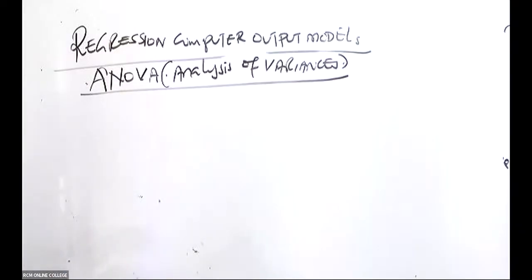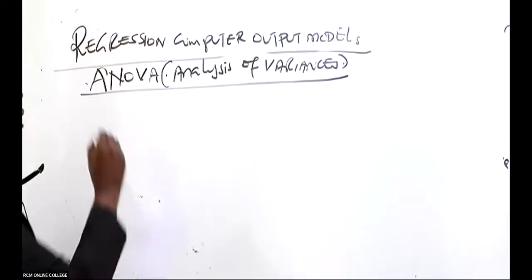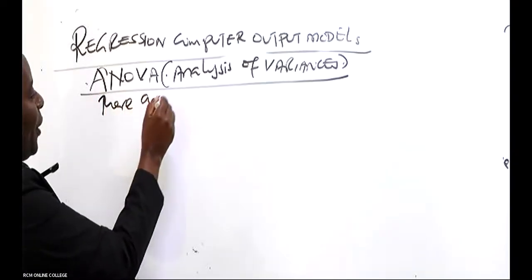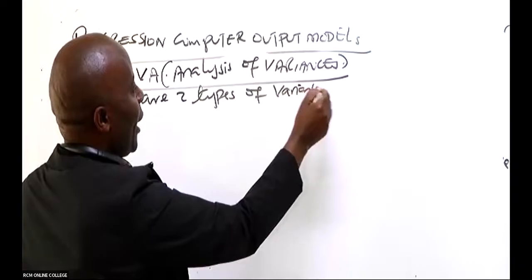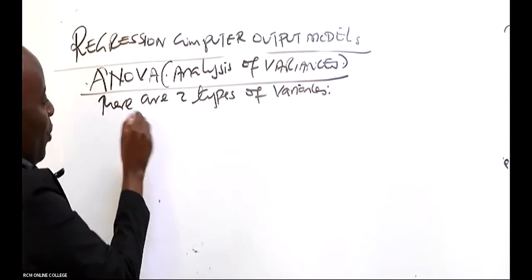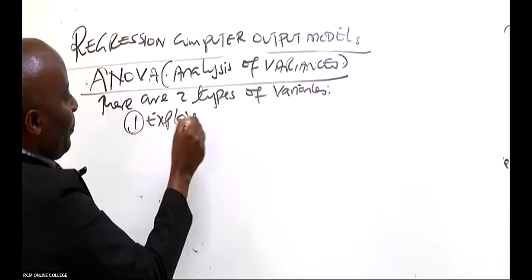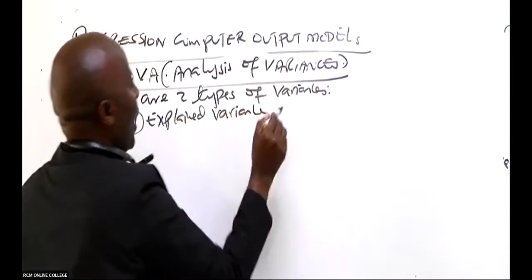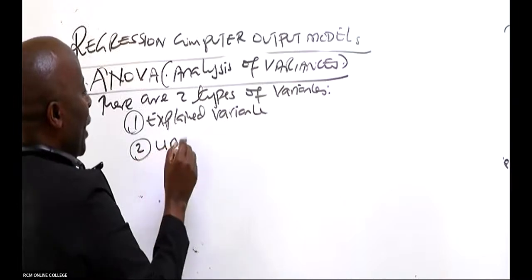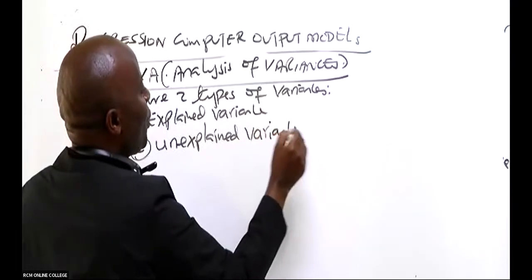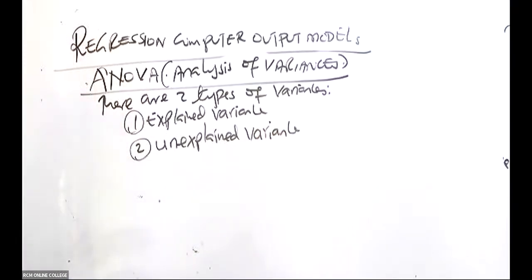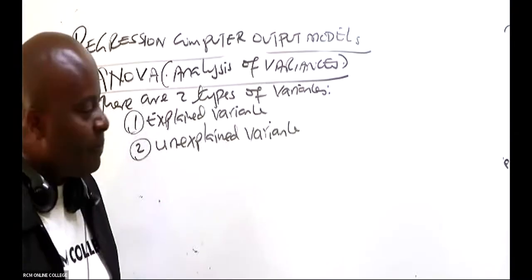There are two types of variances. Number one, what we call explained variance. And number two, what we call unexplained variance.